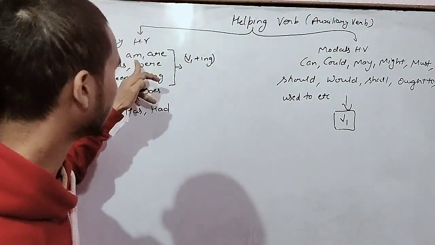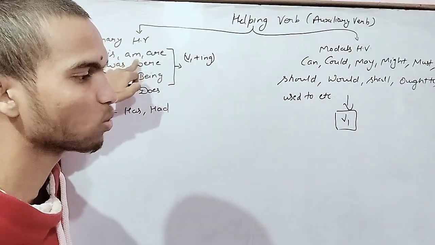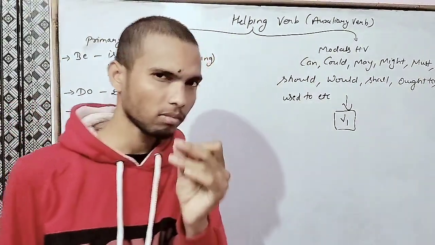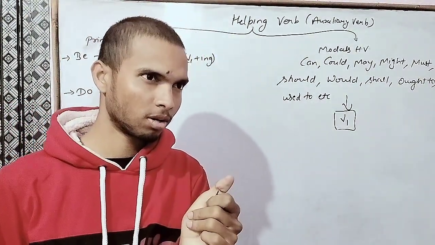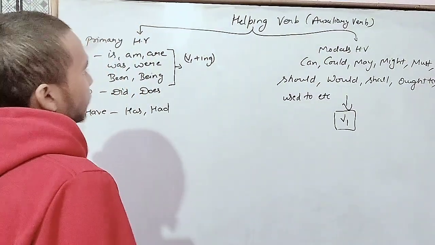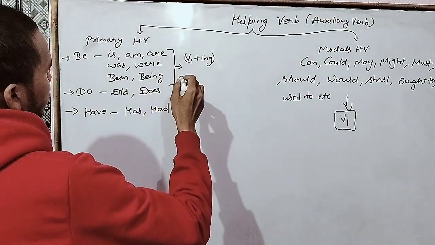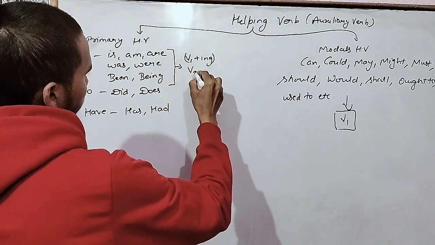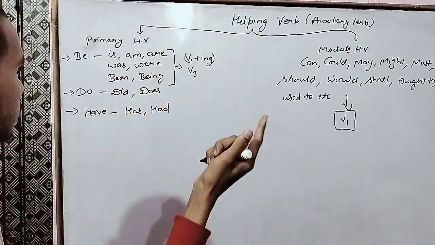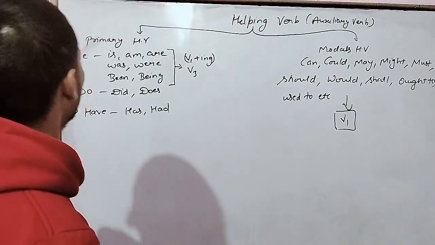After the helping verb am is coming V1 plus ing. Similarly, V3, which is also said V4, we see in the context of passive voice.